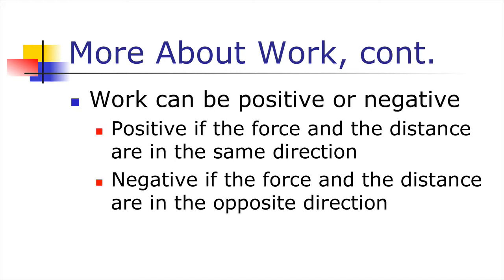As mentioned earlier, even though work is a scalar quantity, sometimes it can be positive, sometimes it can be negative. What do you mean by negative work done? Negative work done is work done by a force that is opposite in direction to the distance. You can experiment with the following.